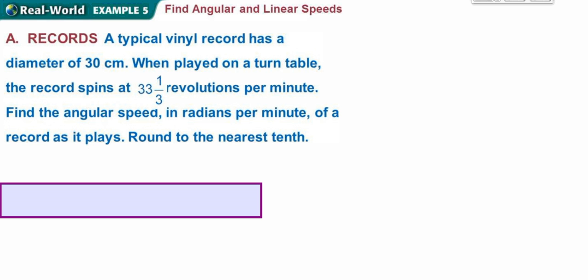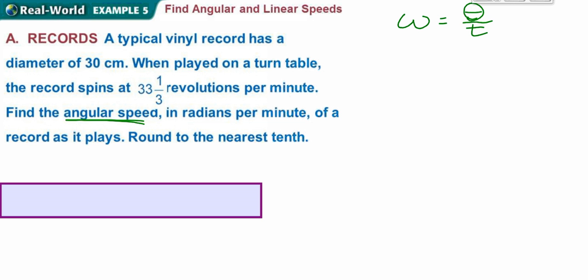So for this one, we're going to look at a couple of things. The first thing I'm going to do is, it's asking me for that angular speed. So I'm going to just say omega is theta divided by t. So I have to think about what my theta is here.